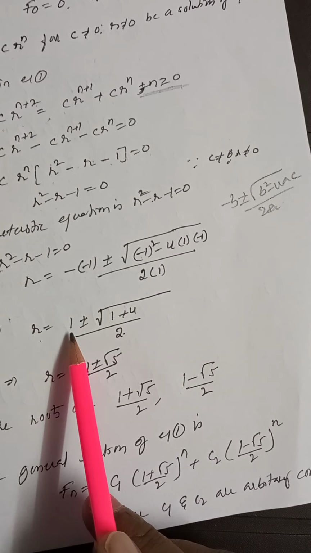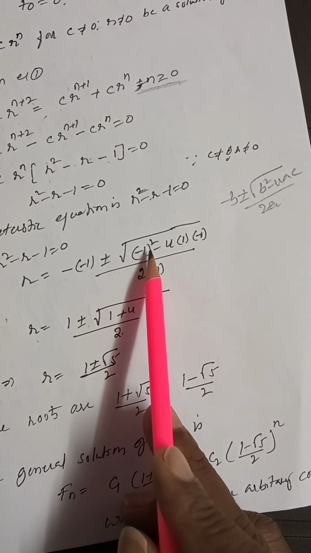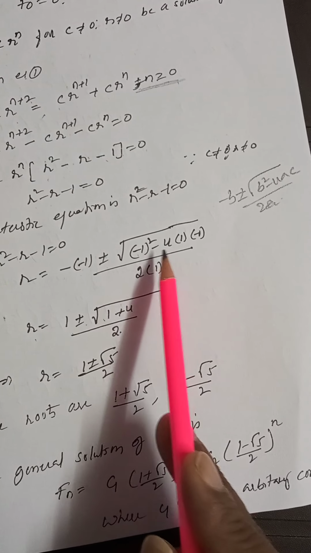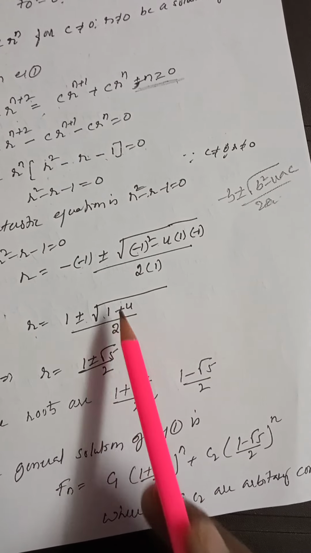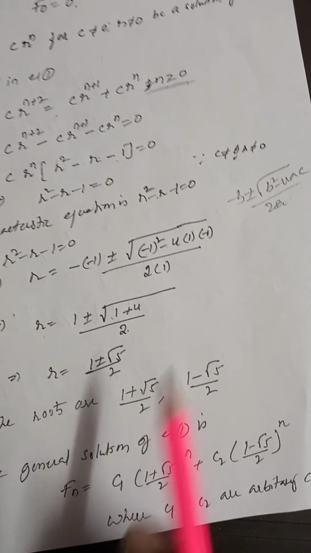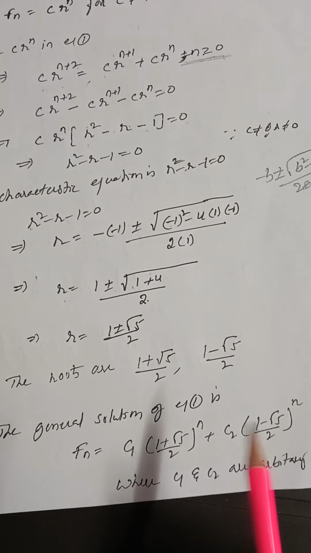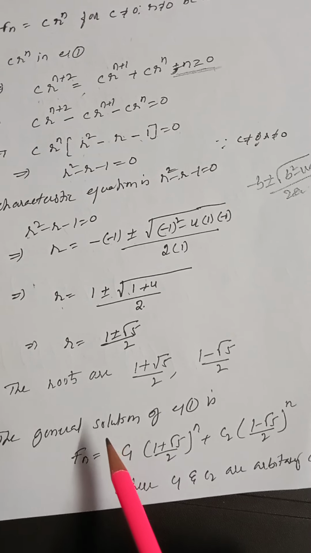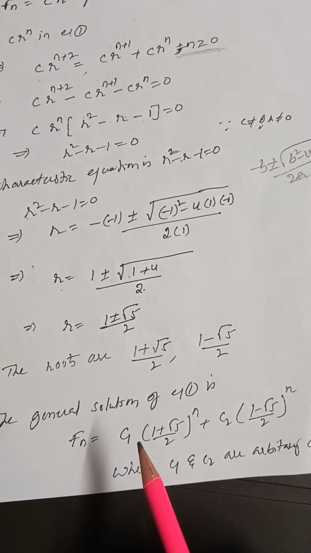If you simplify this, r is equal to 1 plus or minus root of 1 plus 4, by 2. That is 1 plus or minus root 5 by 2. Therefore the roots are 1 plus root 5 by 2, and the other one is 1 minus root 5 by 2.